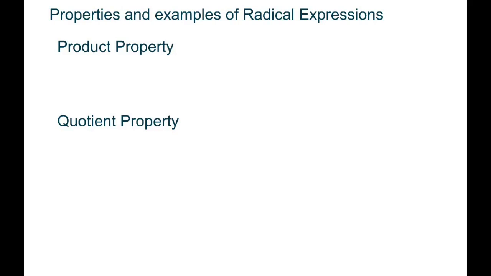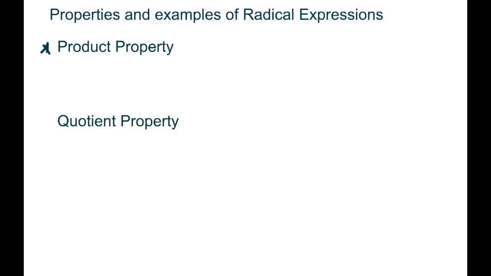We're going to do some properties and examples of radical expressions. In this video, we're mainly going to use the product property, because the second video will get more into the quotient property. For this one, I'm just going to illustrate with an example of the product property.